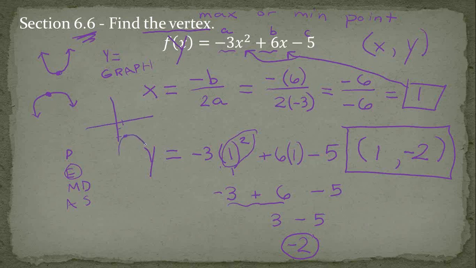If your picture doesn't have the vertex at 1, negative 2, you know you have the wrong answer. And it walks through how you can use the second trace buttons to find the minimum or maximum that way. I like to do it by hand. Double check in a calculator, make sure your answers match.